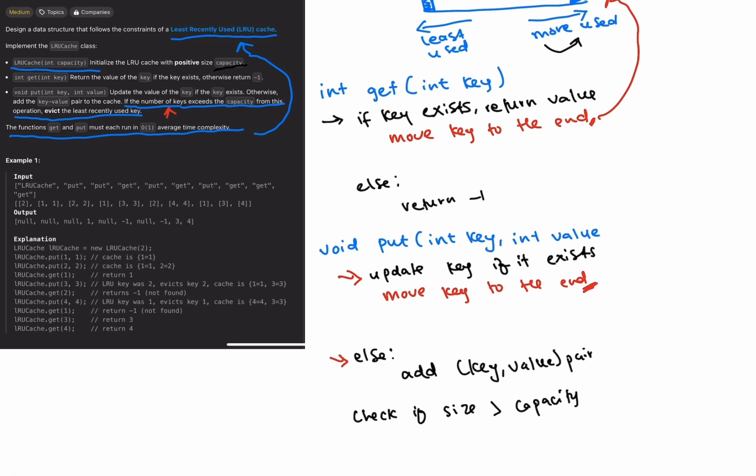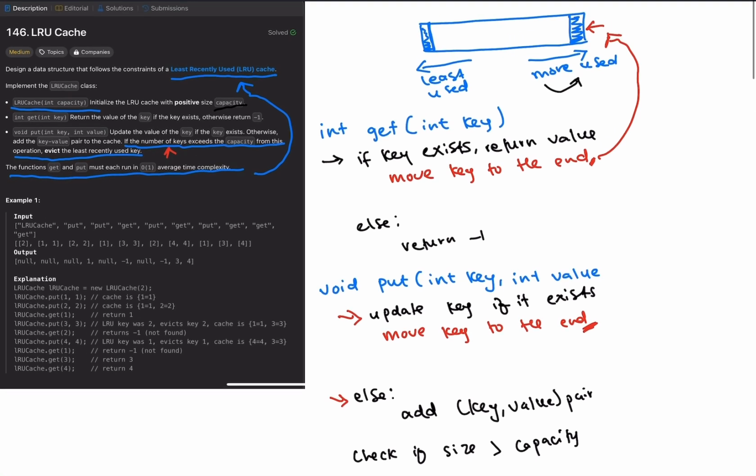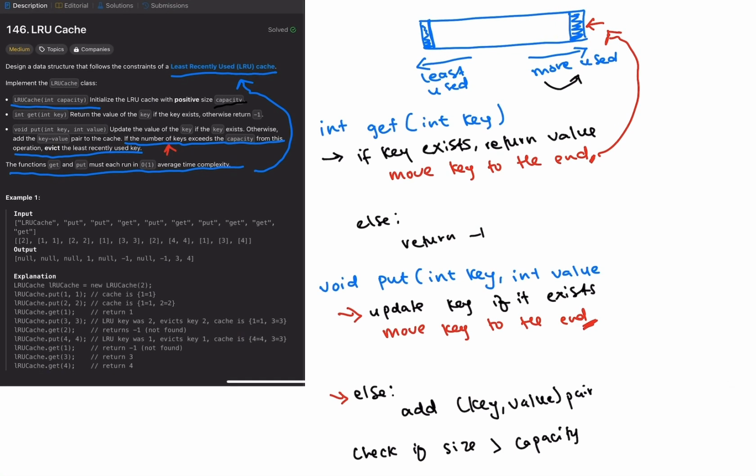And if it has, we want to evict the least recently used key, right? Since we know that the ones that are more used are always towards the front, and the ones that are least used are going to be here, in the condition where we need to evict the least recently used, we will just evict whatever is right at the beginning, and that is how we solve the question.